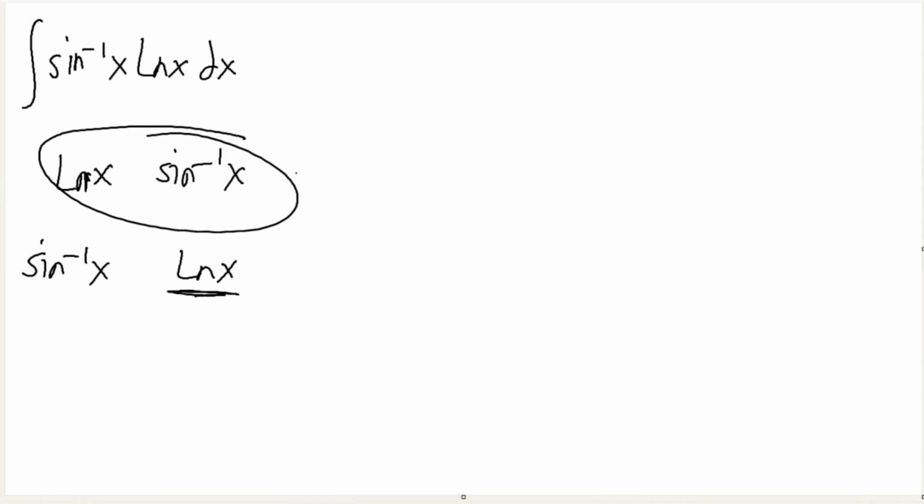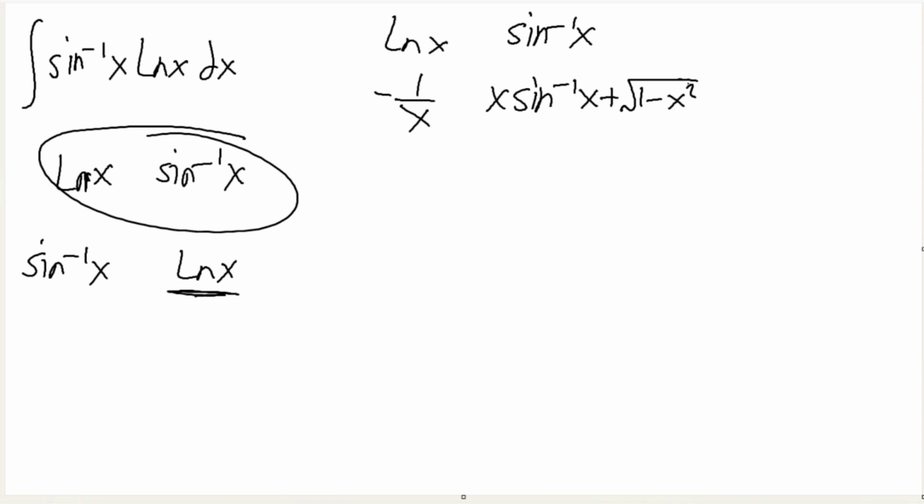And the reason is, I'll show you. I think it'll be understandable if you see this. We have inverse sine of x. This is x inverse sine of x, plus square root of 1 minus x squared. I didn't memorize the answer, I'm doing the process in my head.